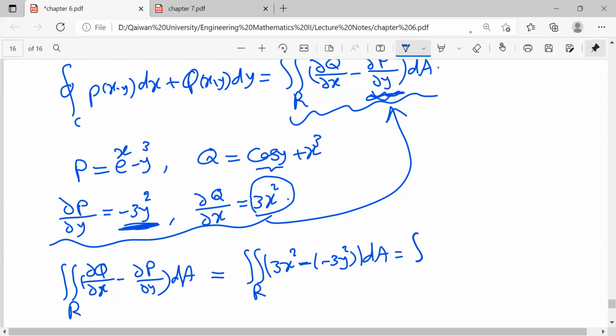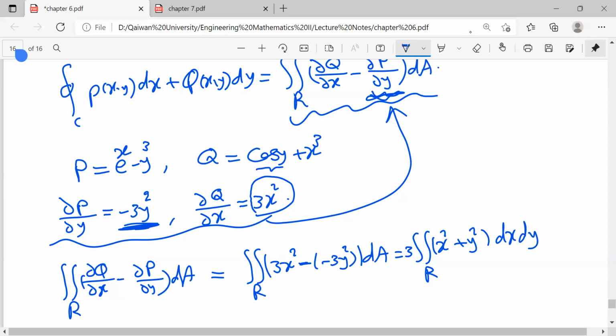Here we can take 3 as the common factor out of the integral. We have the double integral over R of x squared plus y squared dA. dA means dx dy or dy dx. Okay, let's say it's dx dy.